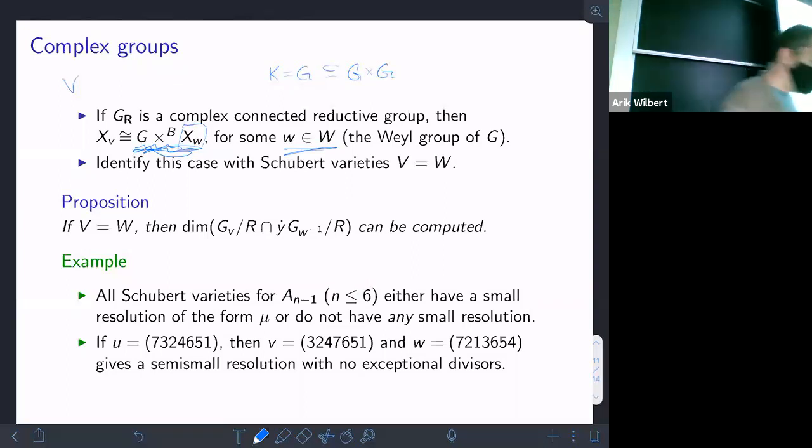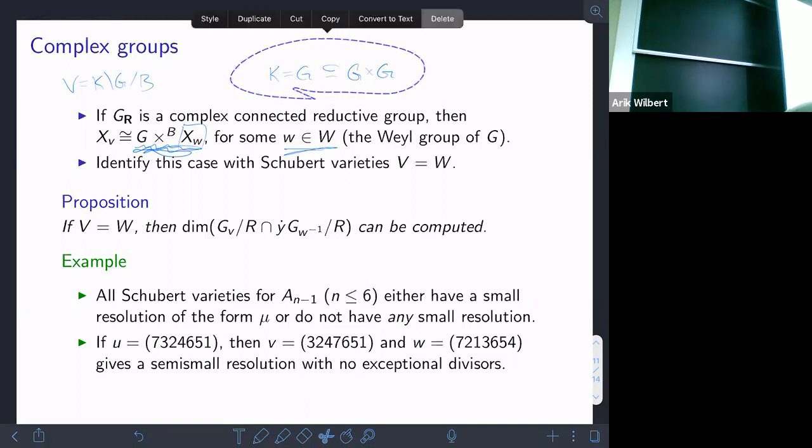Yeah, that's right. So Bill says that X_V is different than this X_W, and that's right. Yeah, V is always K g P. It's a little bit bad, the notation gets a little bit bad.